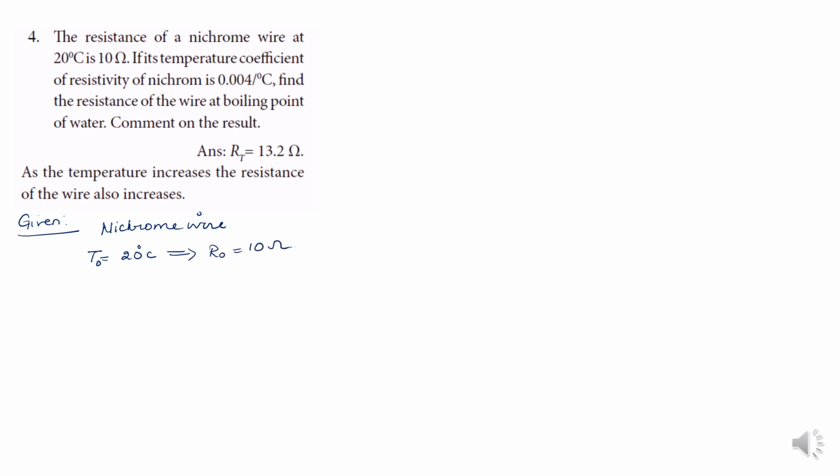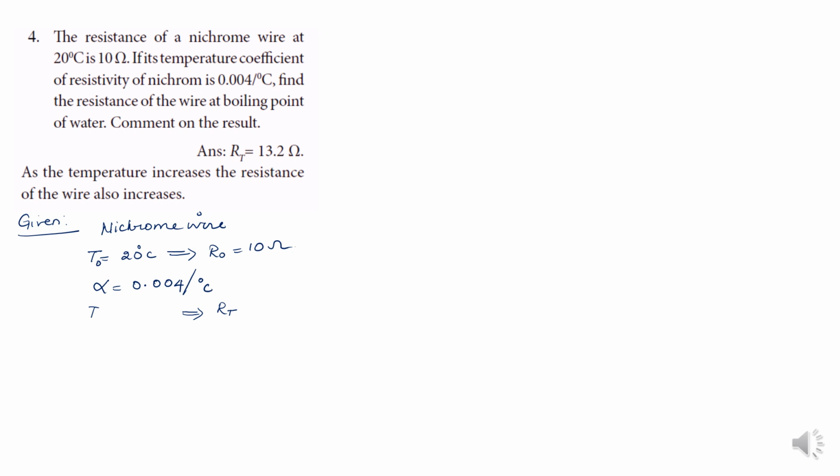Okay. The temperature coefficient of resistivity alpha is equal to 0.004 per degree Celsius. Okay. At T naught, the resistance is R naught. At some T, the resistance is RT. Okay. So what is asked? You are asked to find the resistance of the wire at boiling point of water. See, boiling point of water is not a single value.